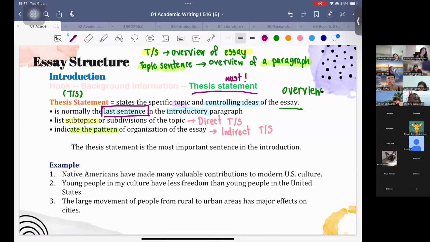The one that provides a list of topics, subtopics or subdivisions is called a direct thesis statement, or technically the one that provides the topic and main ideas. And the one that indicates patterns, that provides the topic and controlling ideas, would be an indirect thesis statement.